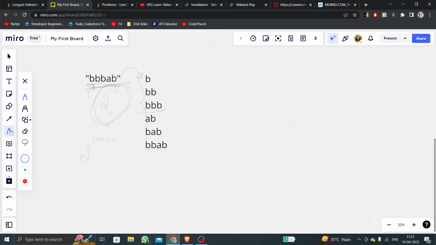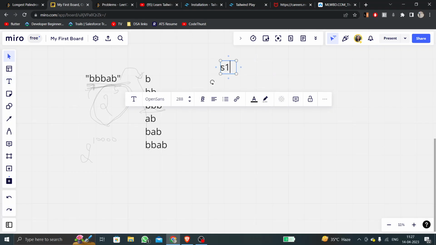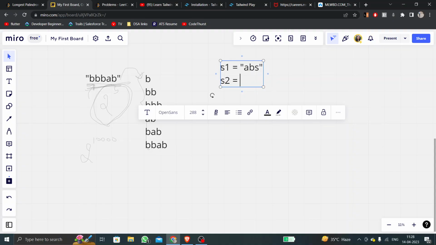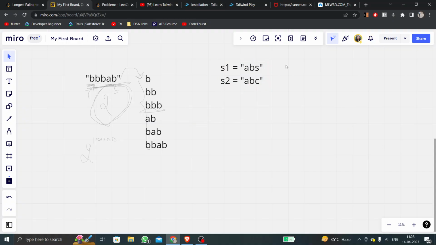In this, we are given two strings, and we have to find the common subsequence whose length is the largest.